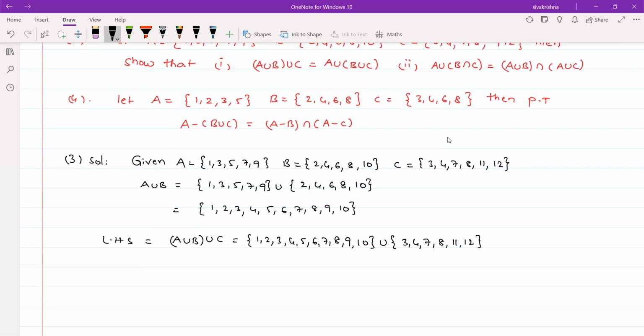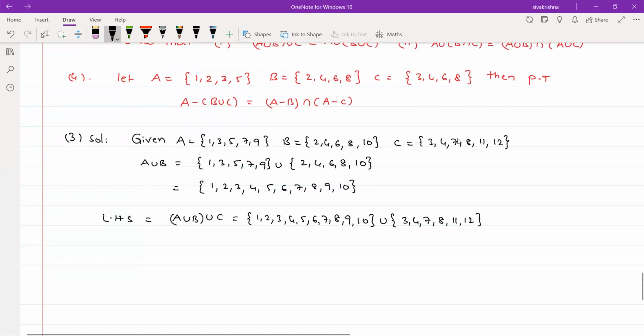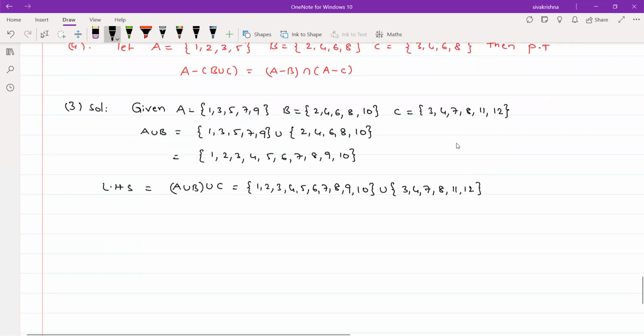Okay, so now we have to find the union of these two sets. Once again, union is nothing but we write both the sets, and we write only once the elements which are repeated twice. So that we get 1, 2, 3, 4, 5, 6, 7, 8, 9, 10.